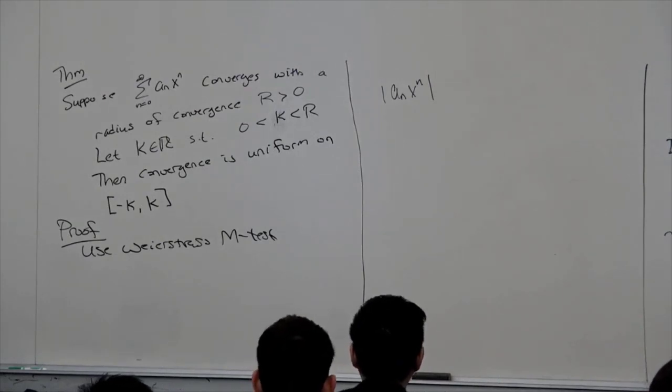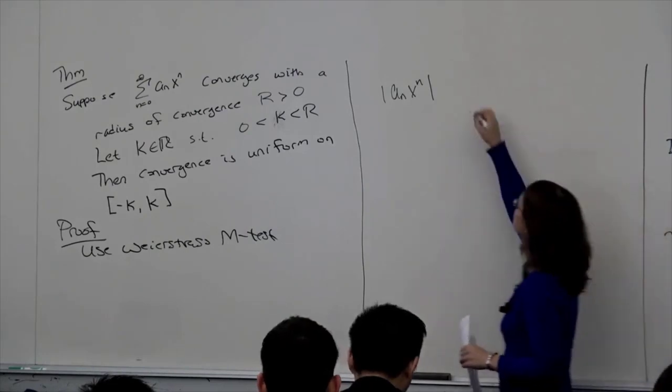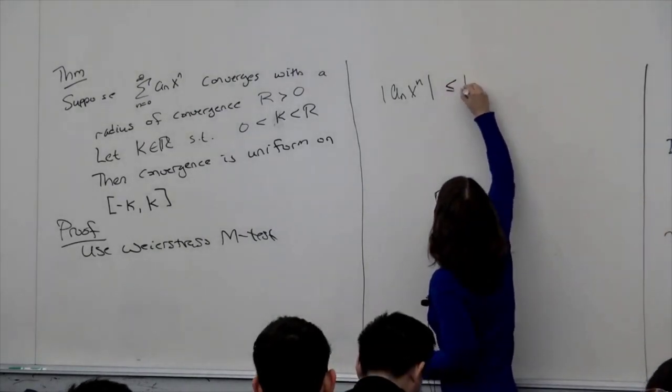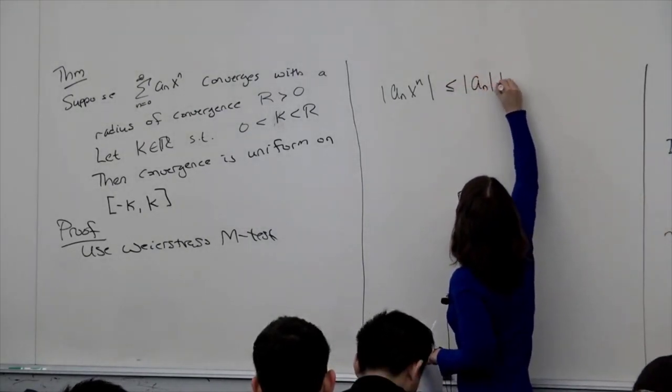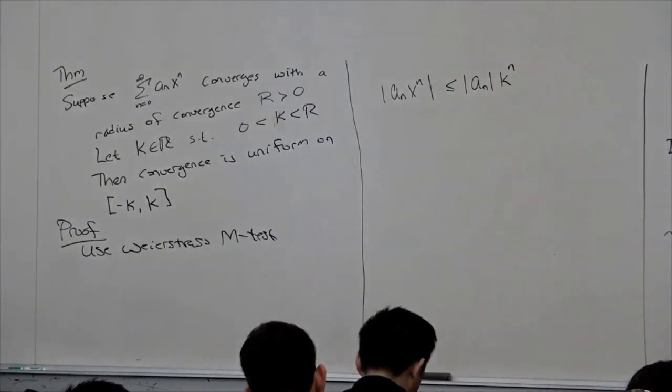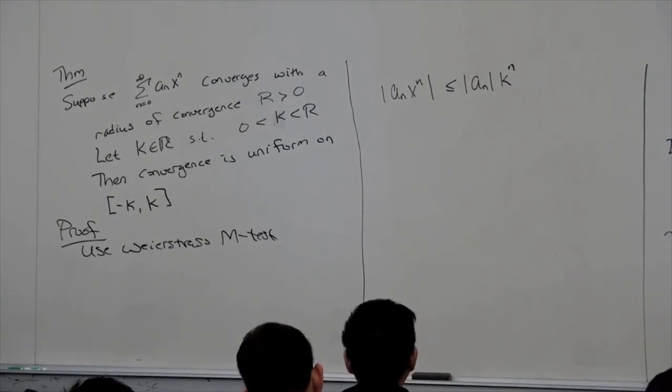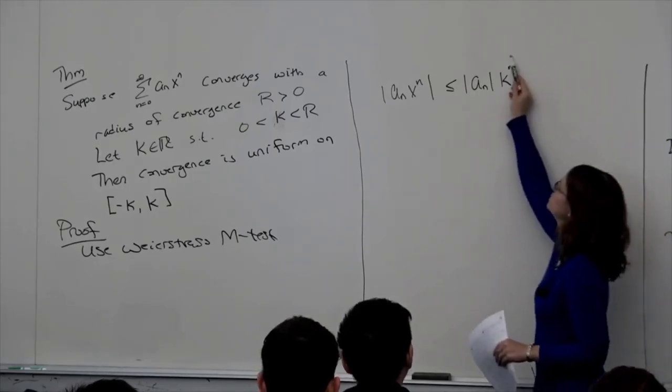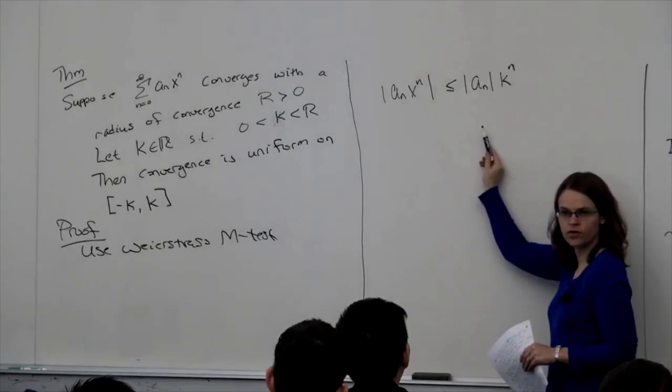And if the series of things that don't depend on x converges, then we get uniform convergence. So here we can bound this by a_n times k to the power of n. And now we're in business to do the root test on this series of constants.